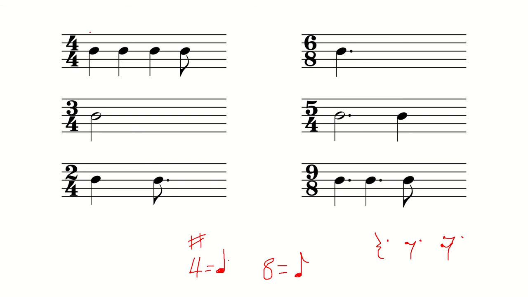We have 4/4. That means we're going to have 4 crotchets. So we have 1 here, 1, 2, 3. We have half of 1 here. So we're missing half a crotchet, which is a quaver.